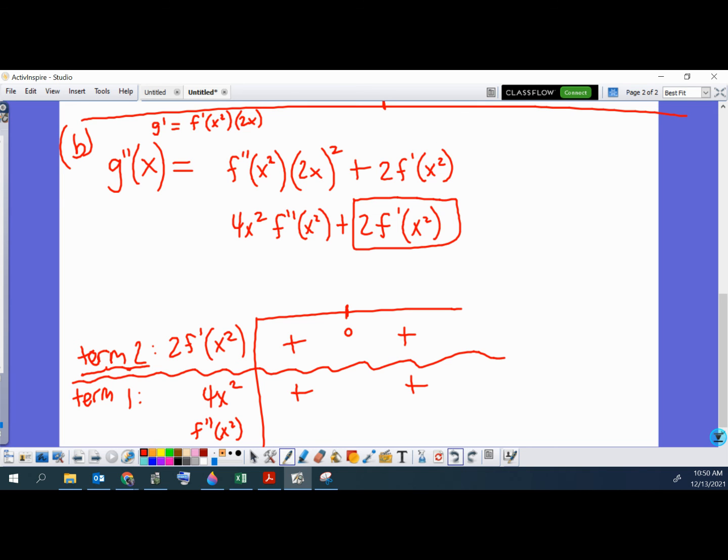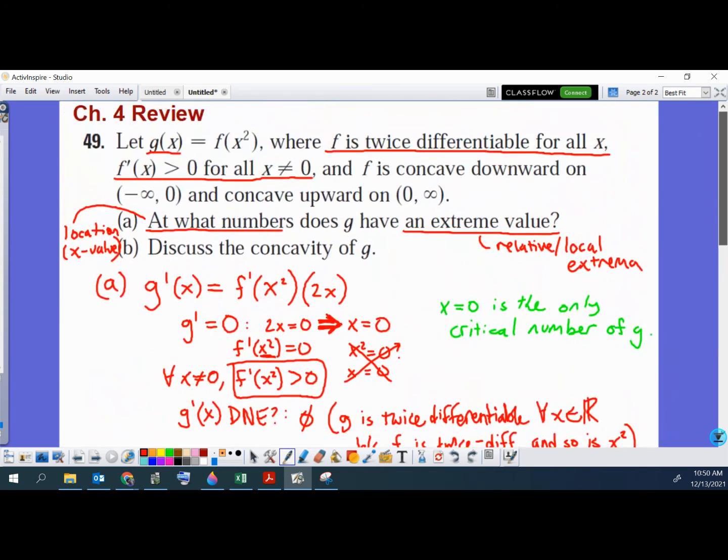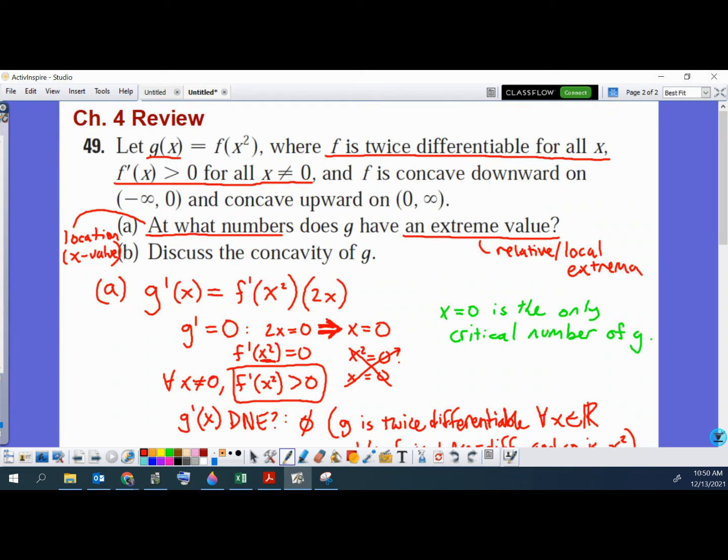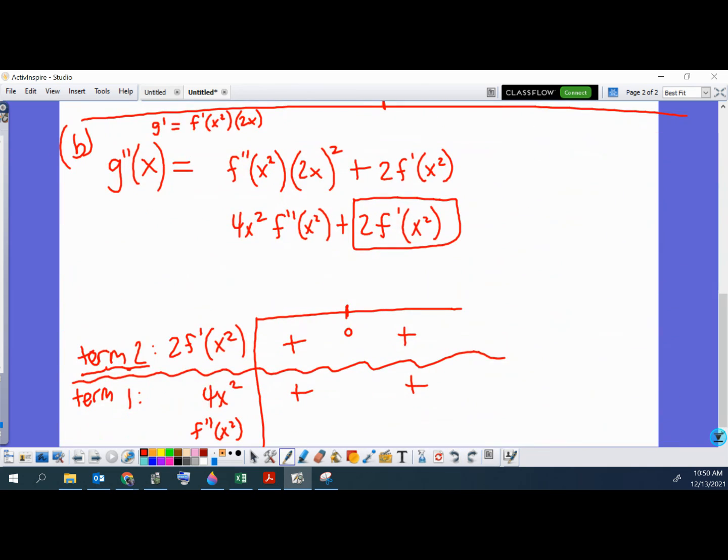So we really just need to know what f double prime of x squared is doing. And so if we go back up, they told us some stuff. They told us that f is concave downward on negative infinity to 0 and concave upward on 0 to infinity. So it's very tempting now to do a negative and a positive: negative infinity to 0, concave down, so f double prime would be negative, and then positive here, concave up.